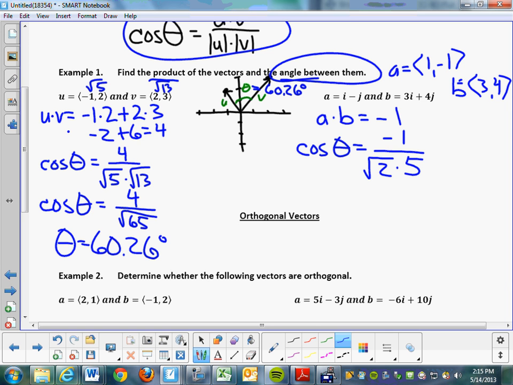Is it not negative 1? So, okay, just watch. What's 1 times 3? 3 plus. What's negative 1 times 4? It's negative 1. So how did you guys get 11?